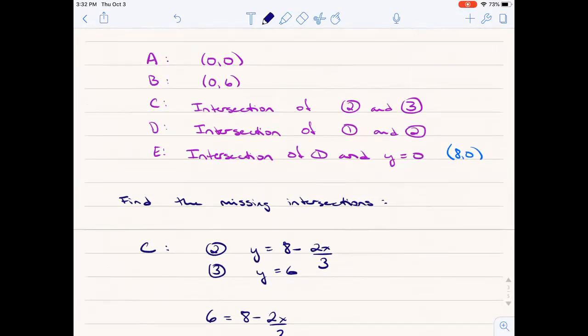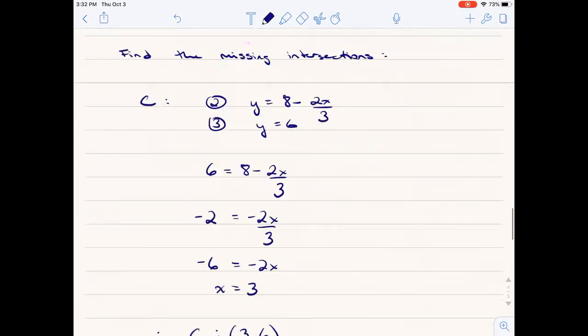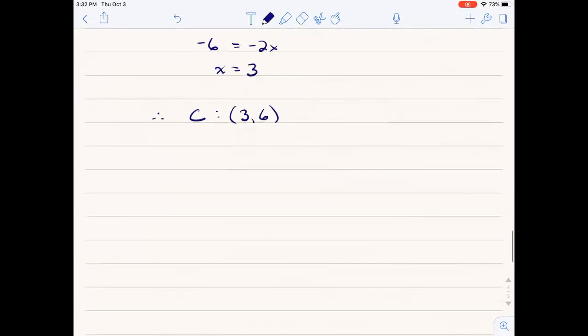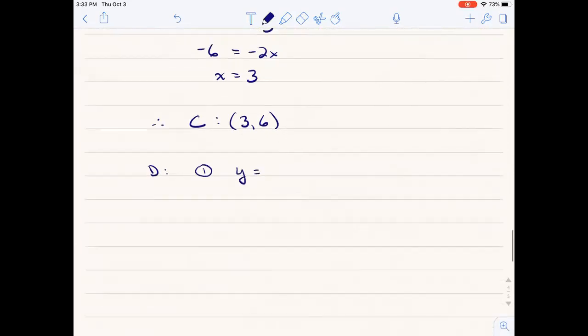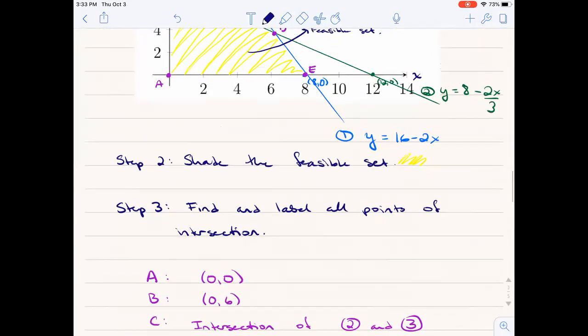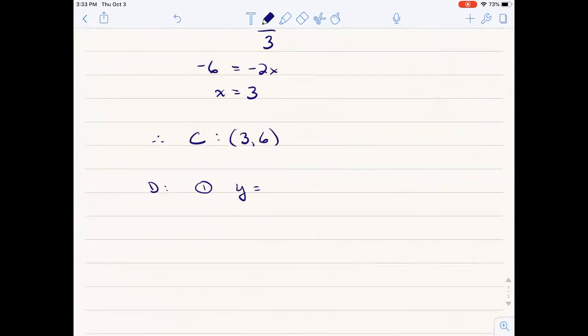Intersection D is the intersection of line 1 and line 2. So same thing. D is the intersection of line 1, which was y equals, now I've forgotten here, 16 minus 2x.